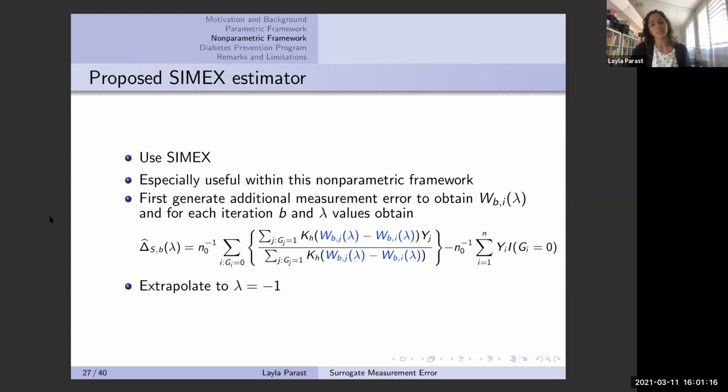So it's the same idea. You generate this additional measurement error, so these more mismeasured W's, for 50 iterations over this grid of lambda. Then you calculate what that delta S estimate would be for these more mismeasured W's across your lambda grid and extrapolate back to lambda equals -1.